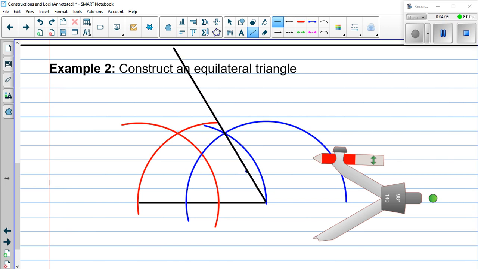Here, connect from there, and here, we can connect to there. Notice, we didn't actually have to do a third one because if we have 60 degrees and 60 degrees, that's 120, and our other angle has to therefore be 60.